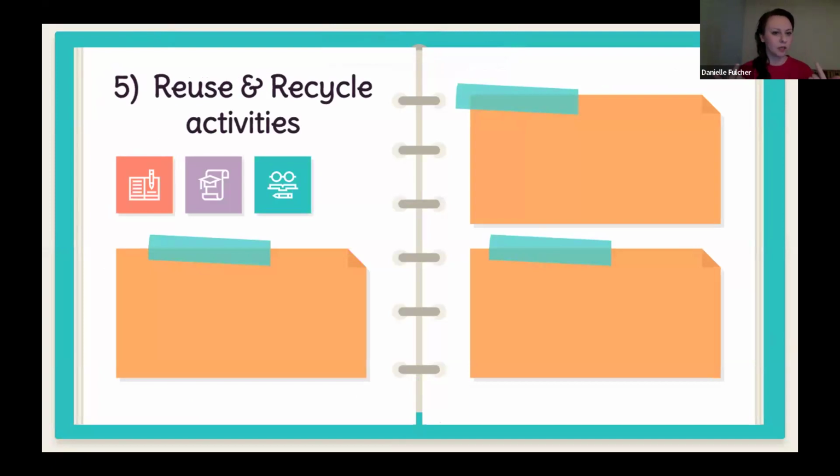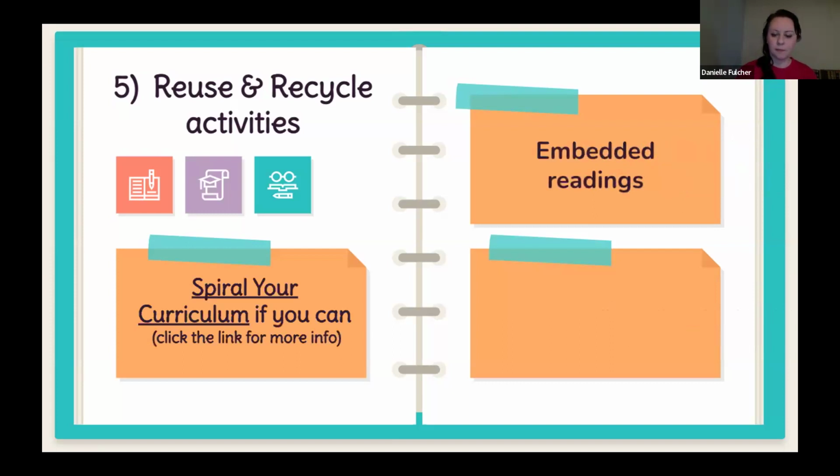That familiarity with material or with target language activities and material decreases affective filter, so students aren't necessarily nervous about learning something new. They're just like, oh, we're kind of learning something again and adding some more information to it. Some of the ways you can do this, I have a presentation where I talk about spiraling curriculum.